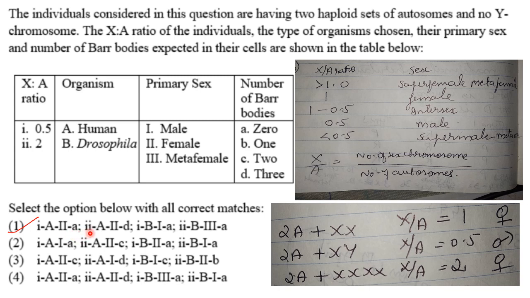Now if you choose the second condition, that is 2 in humans, it is a meta female, a female, and number of bar bodies is 3. 2 is when you have 4 X chromosomes. 3 will become bar bodies and only 1 will be functional. So it is a female. So the answer here is option 1.